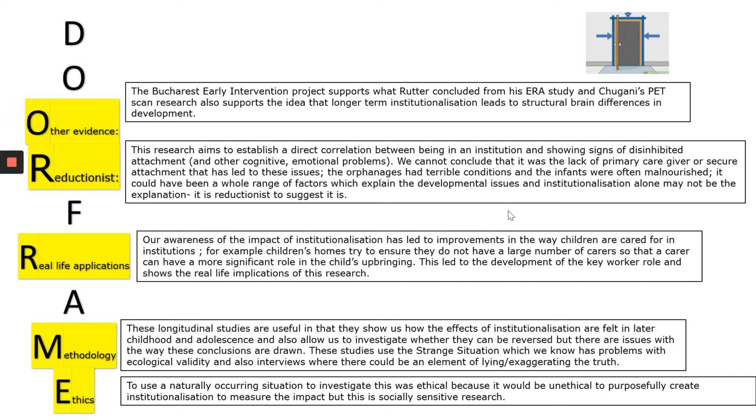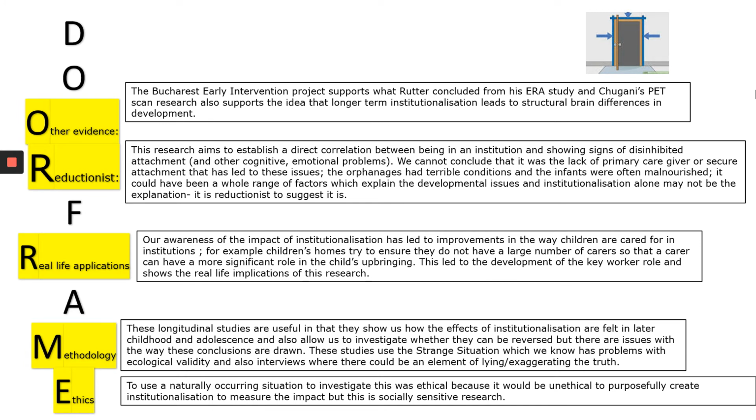But another strand that I've tried to focus on is this idea that if you're going to investigate institutionalization and the effect it has, this was the most ethical way of doing it because it was naturally occurring anyway. Rutter was not the one who put these children into institutions, into these awful, poor quality orphanages. That was naturally occurring as a result of the leadership at the time.